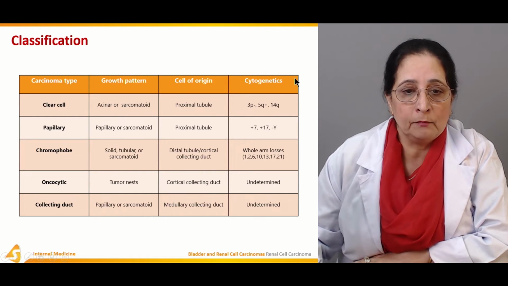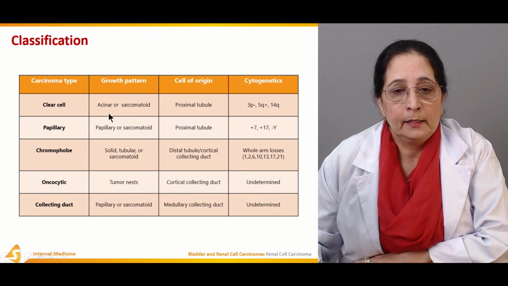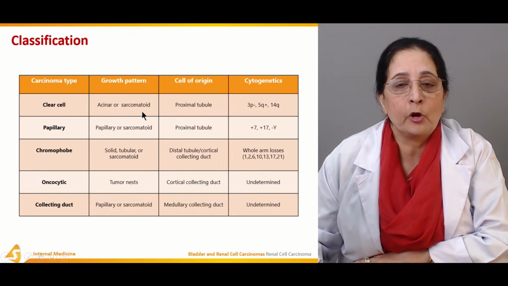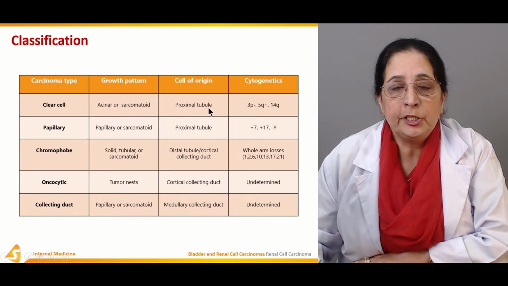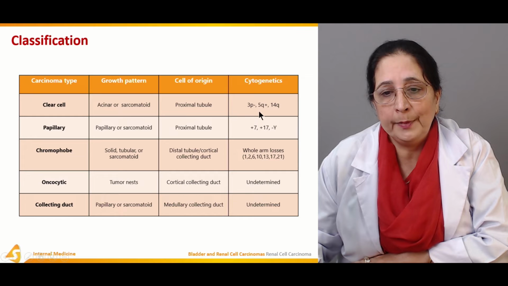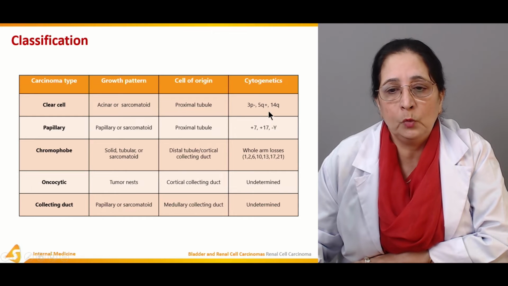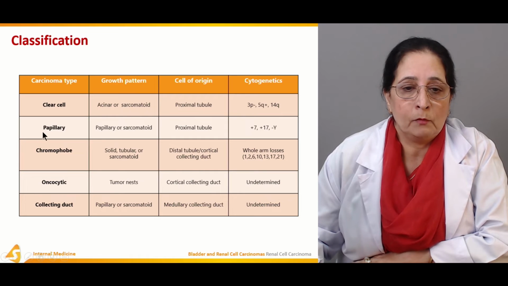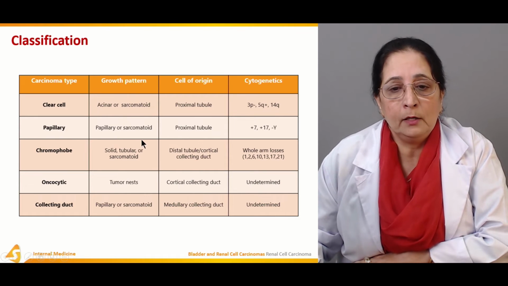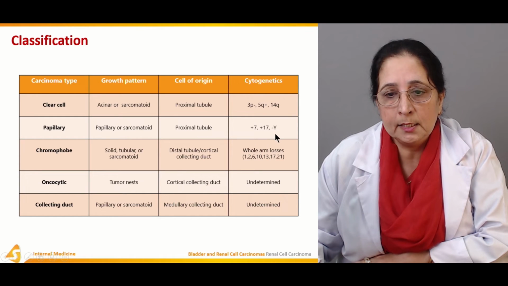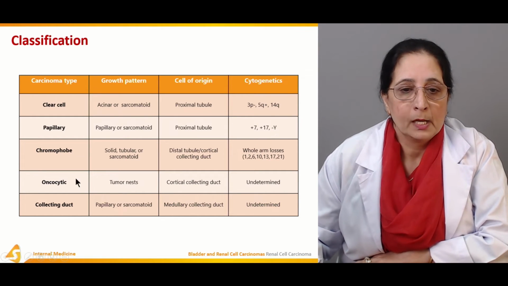Clear cell: acinar or sarcomatoid type; the proximal tubule is the site of origin, and 3p negative, 5q plus, and 14q are the genes involved. Papillary: papillary or sarcomatoid growth pattern, proximal tubule, +7 +17 -Y.